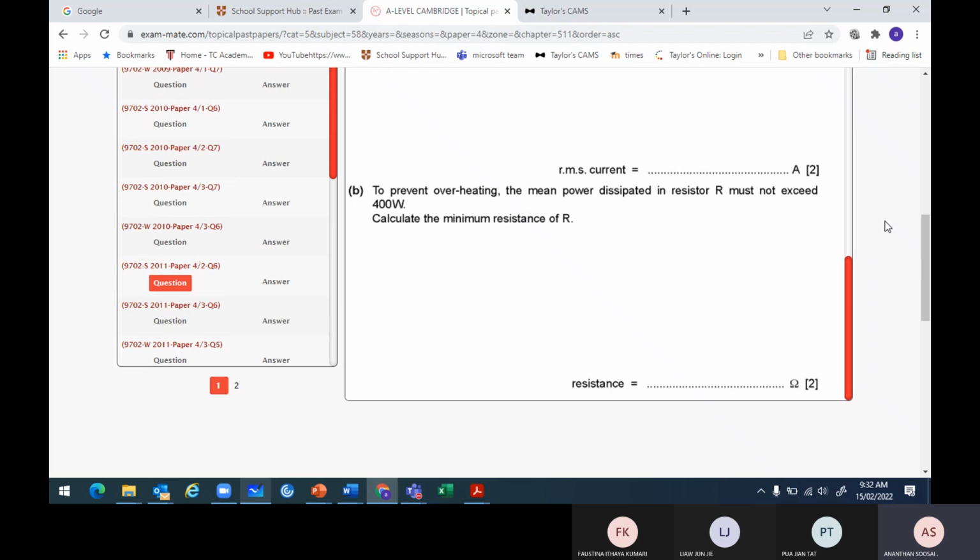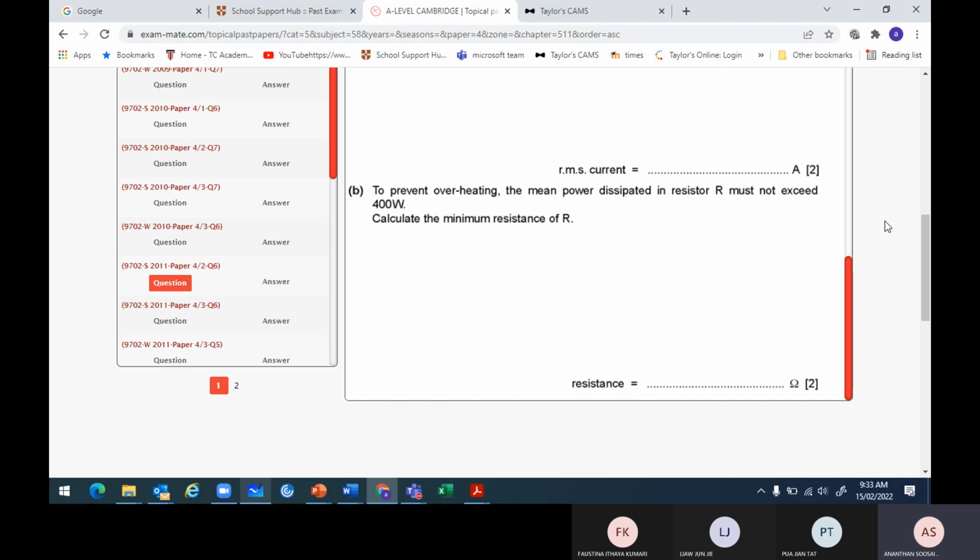To prevent overheating, the mean power dissipated in R must not exceed 400 watt. Calculate the minimum resistance of R. Okay, so you need to decide whether to use the peak value or the RMS value. So this is your mean power. Calculate the minimum resistance of R to be used.